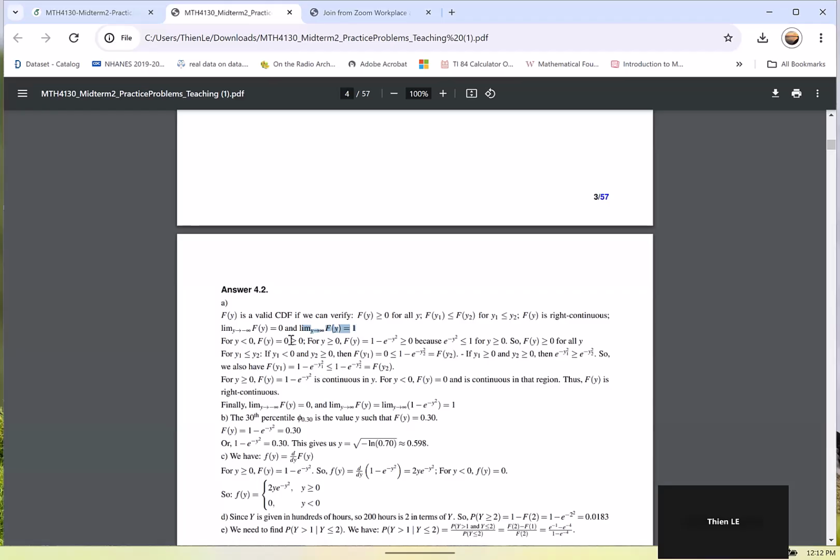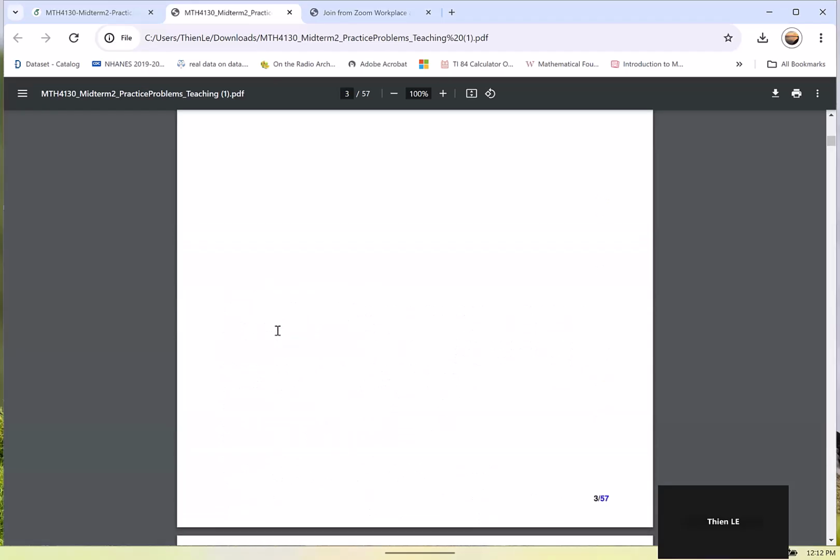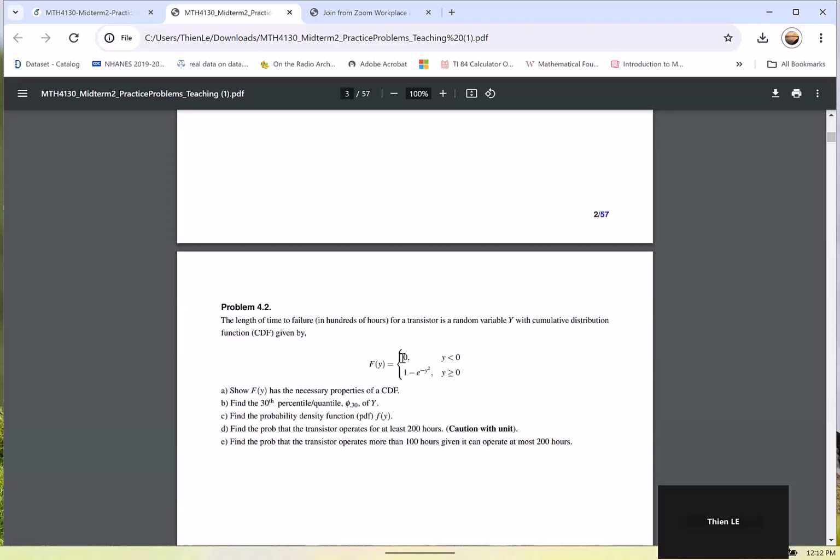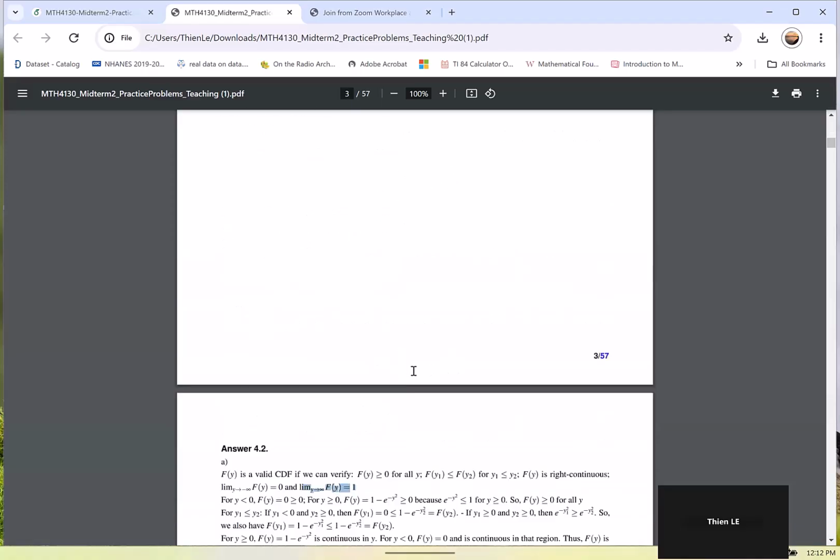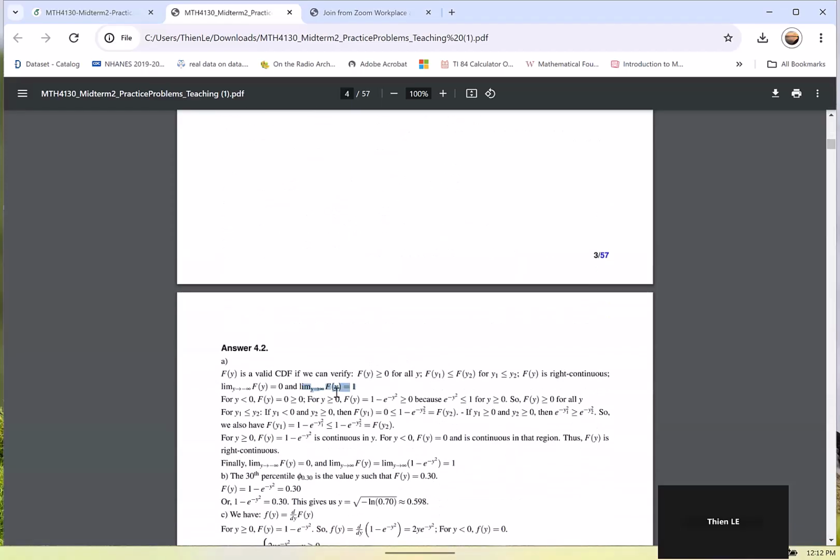Given that, for the current function we have here, we shouldn't have any problem in terms of non-negativity. It should be all positive. And you can also show that this relation is satisfied easily by just plugging in, and you can confirm that. And the right continuity is easy, right? This function should be right continuous. You can check it, okay?